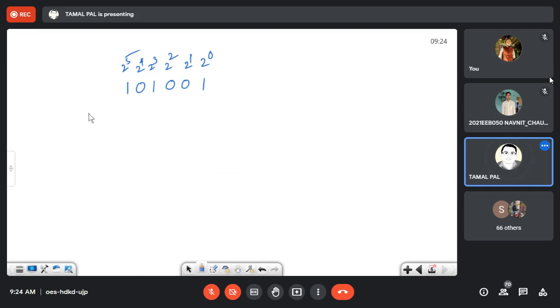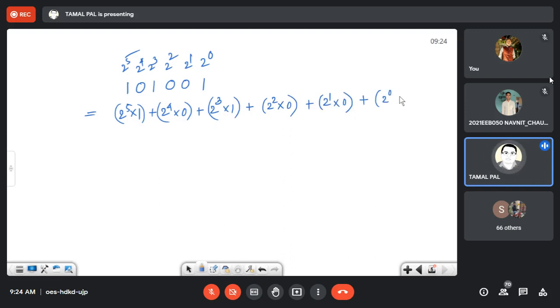Now 2 to the power 5 into 1 plus 2 to the power 4 into 0 plus 2 to the power 3 into 1, 2 to the power 2 into 0, 2 to the power 1 into 0 plus 2 to the power 0 into 1.